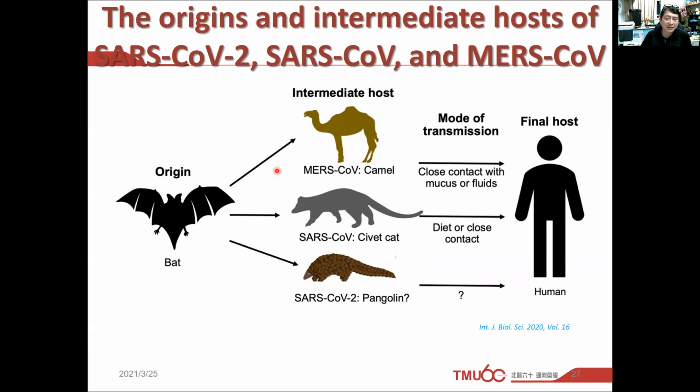For MERS, they stay in the camel, and for SARS-CoV, they believe it's the civet cat. However, for COVID-19, right now still unclear, but some people suggest maybe it's a pangolin.